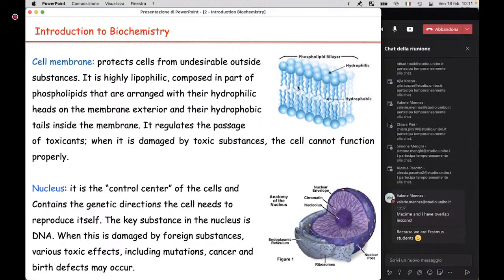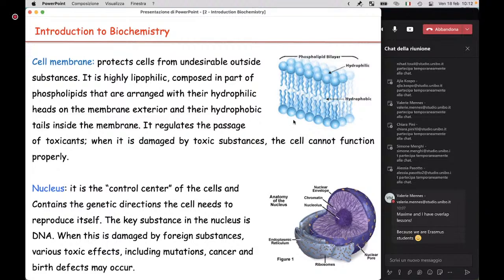It's composed mainly of phospholipids, so it is lipids that contain also phosphorus, and they have this kind of structure. They have a hydrophilic head and a hydrophobic tail. So a small globular head and a long tail that is hydrophobic.